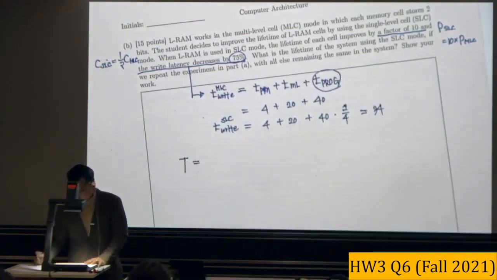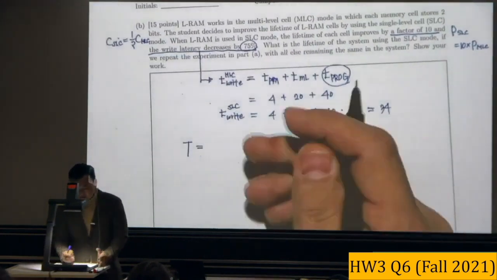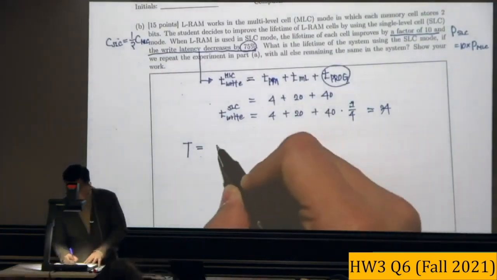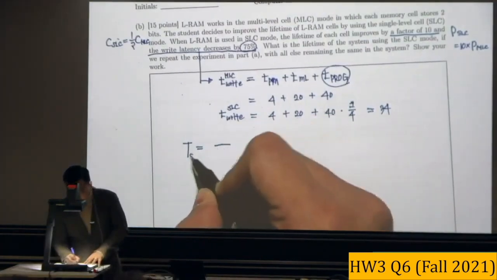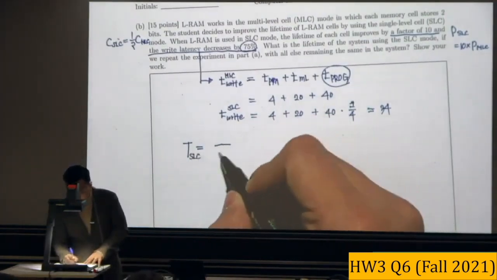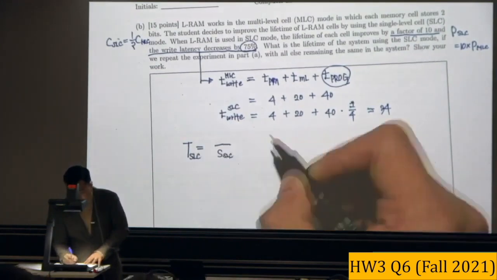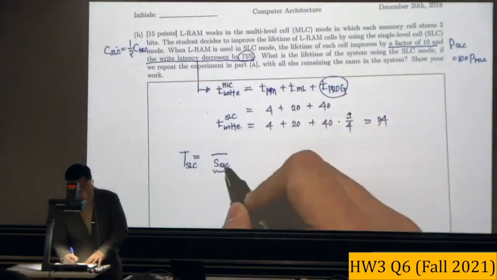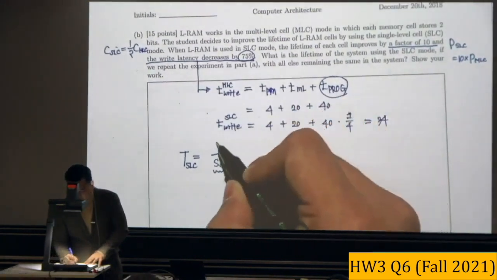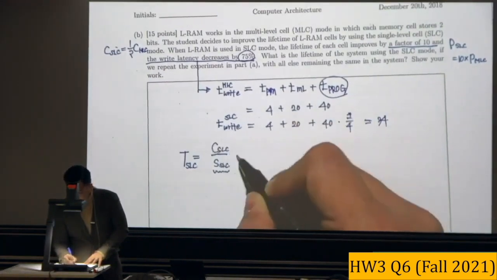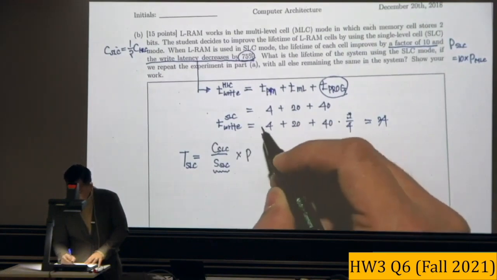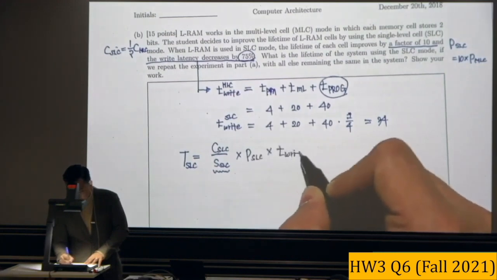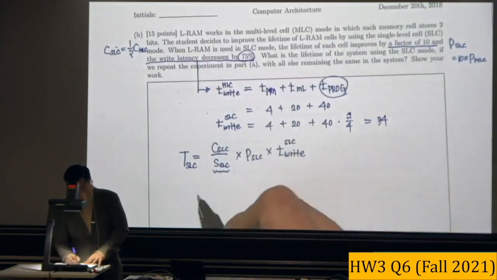So again, we need to calculate the lifetime of this LM when it is used in SLC mode, and we can use the same formula here. And for SLC, the request size is not changed, so we can use the same value for this, and capacity of SLC, limited programming cycle of SLC, and T write for SLC.